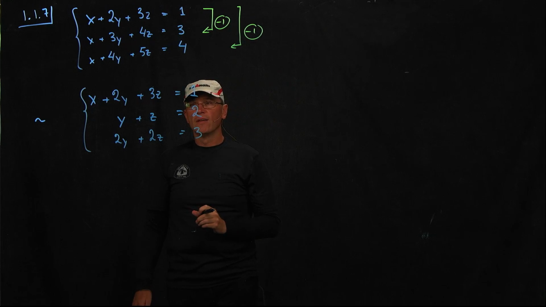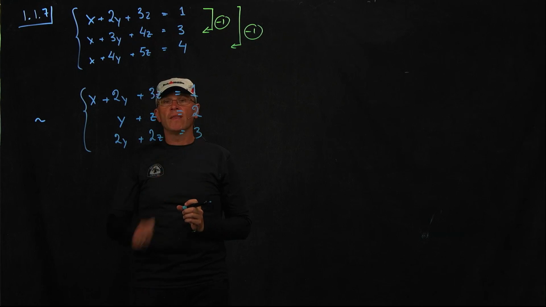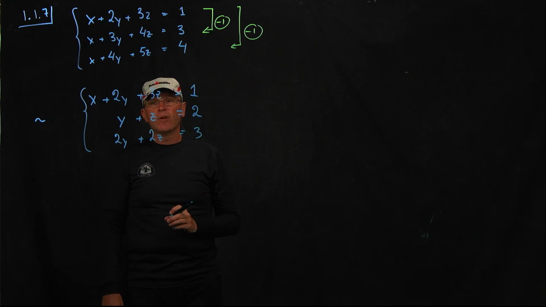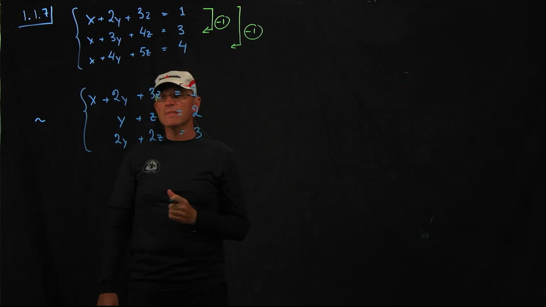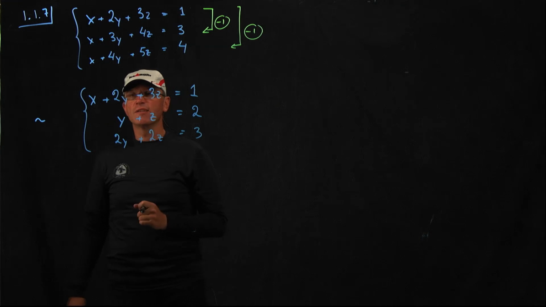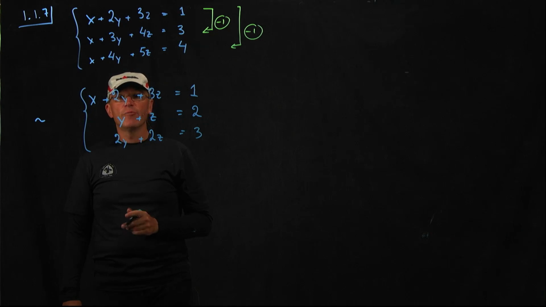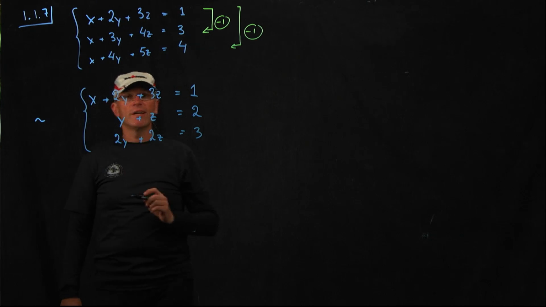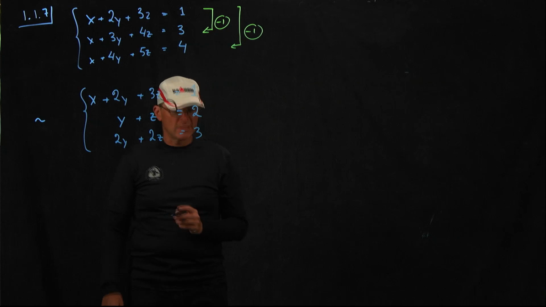Okay. Then what's our next step? Well, we're looking for the values of x, y, and z, right? So now we only have x in the first equation. Wouldn't it be nice if we then only had y in the second equation?